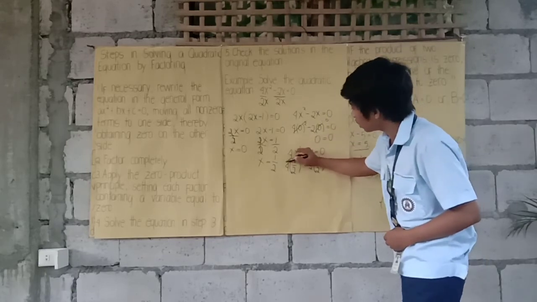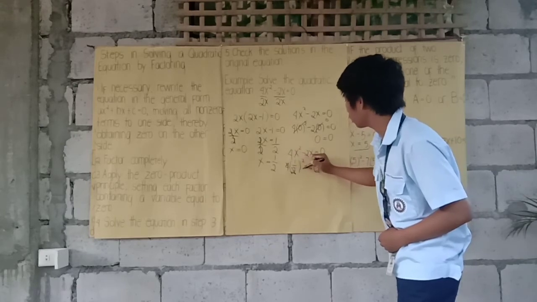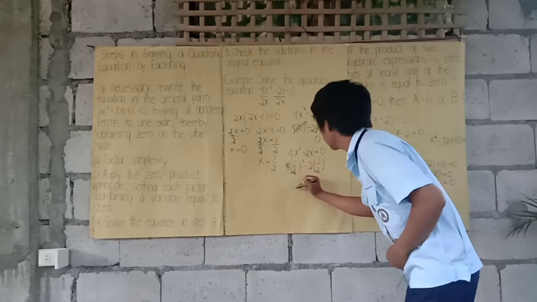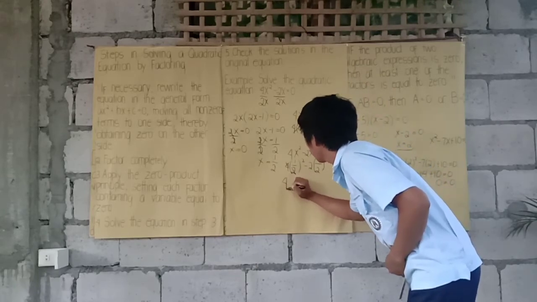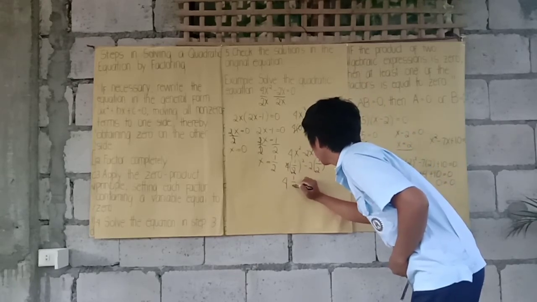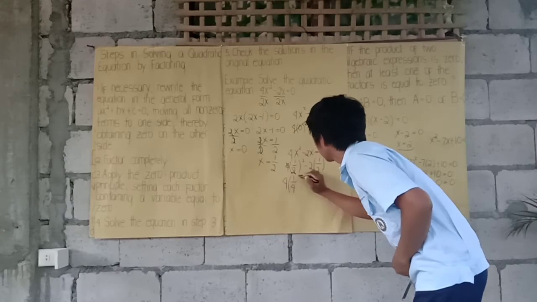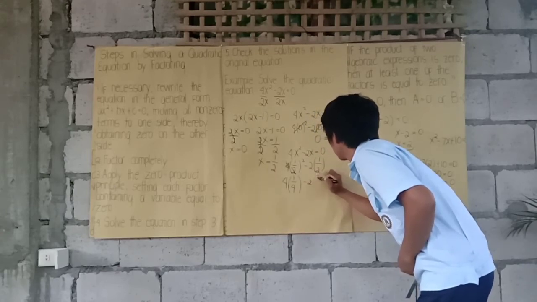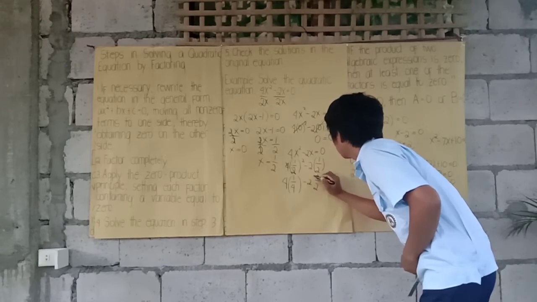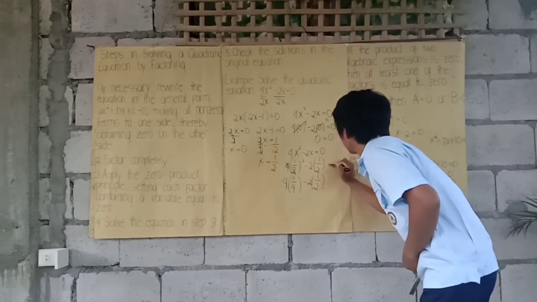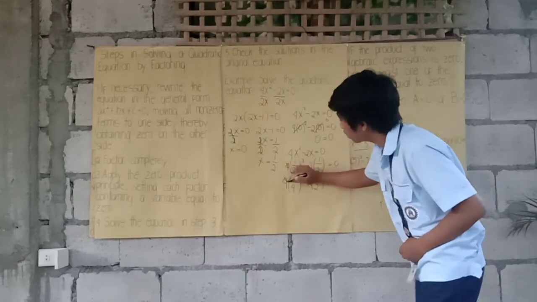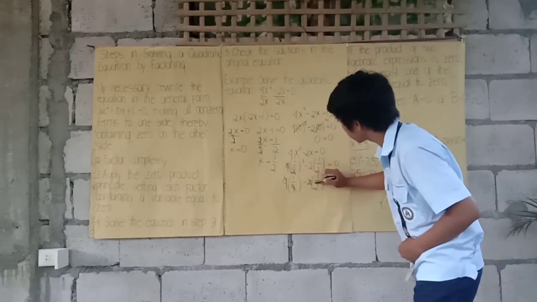So, cancel na natin to. So, nagiging 4 times 1/4 minus 2 times 1/2.